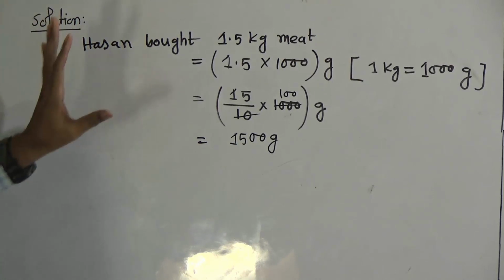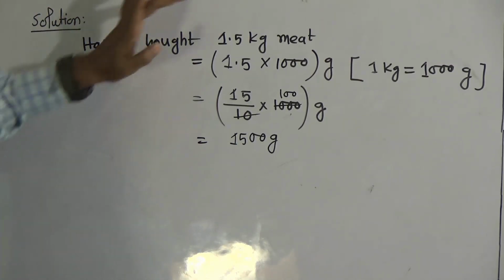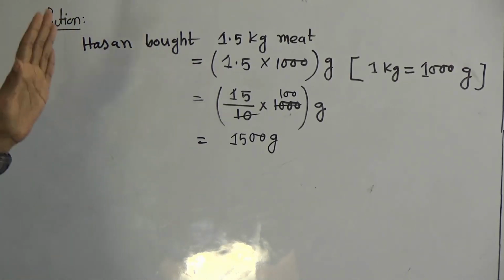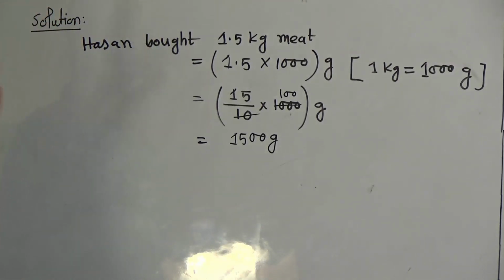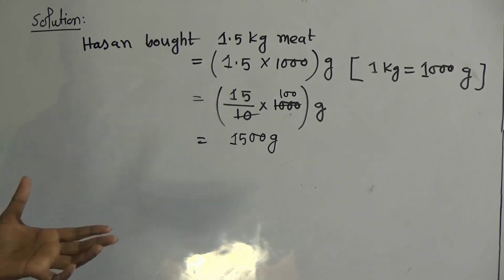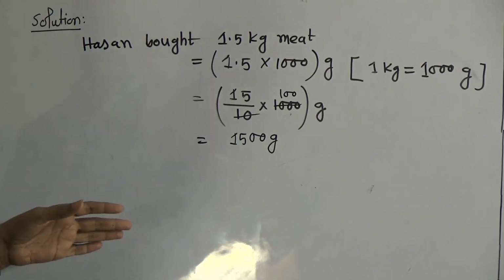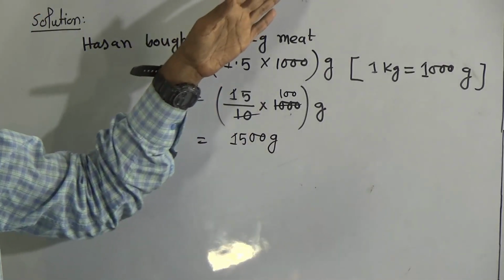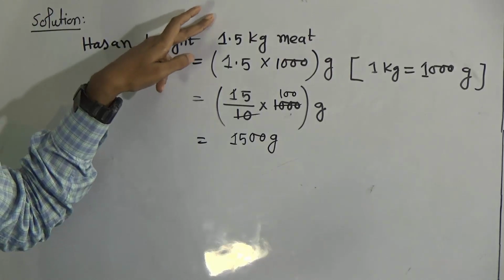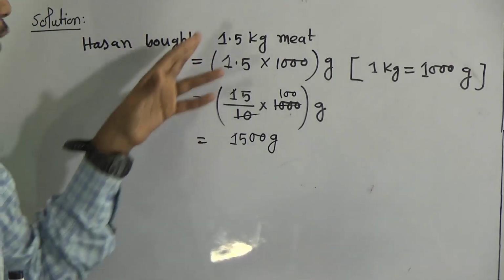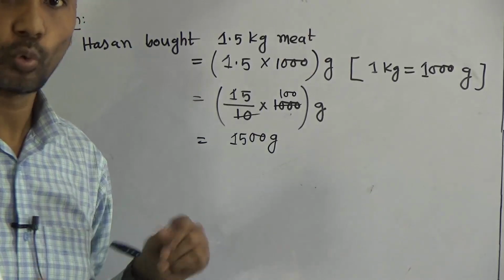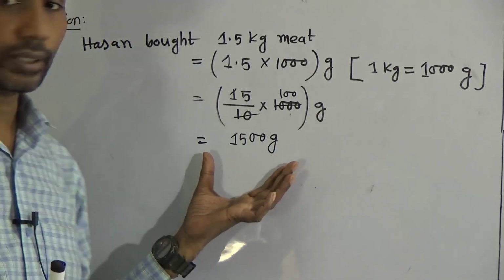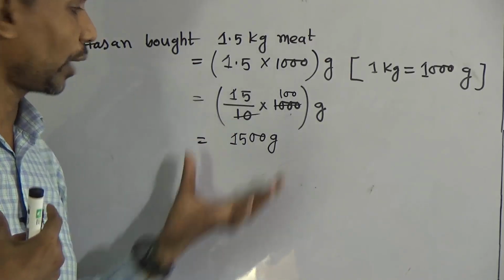Student, why have I converted kilogram to gram? Because you see, after they ate, 895 gram remains. That means this is in gram and this is in kilogram. So you have to convert kilogram to gram. Why? Because in this case we can subtract or calculate easily.